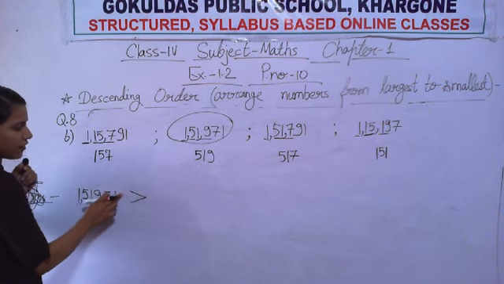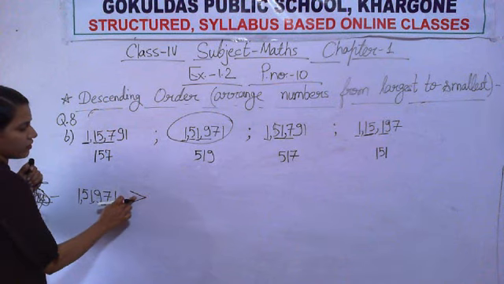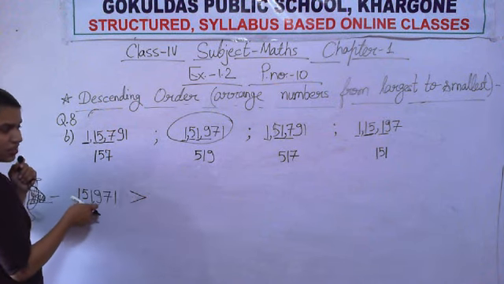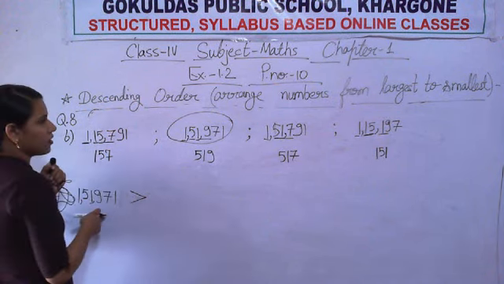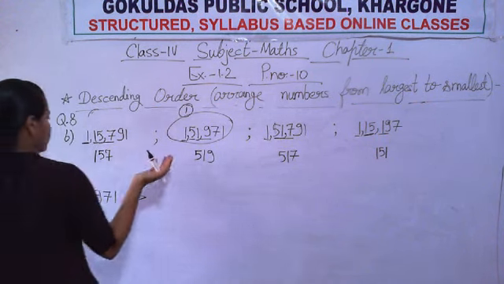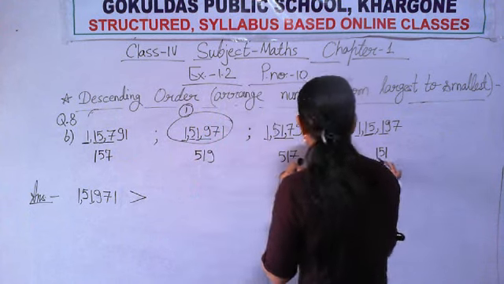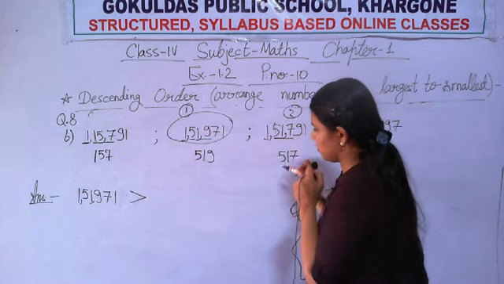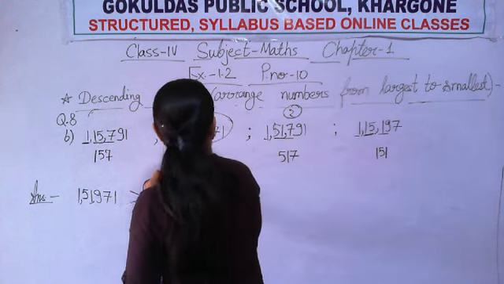You know that the open mouth of this symbol comes towards the largest number. So I put this symbol here. Now which number will come at the next place? When you compare these, this will come at the next place.